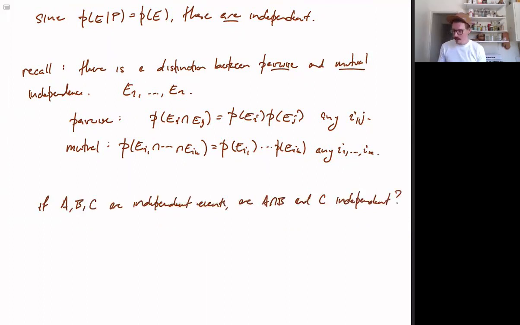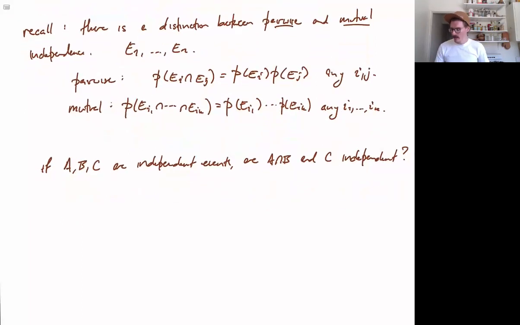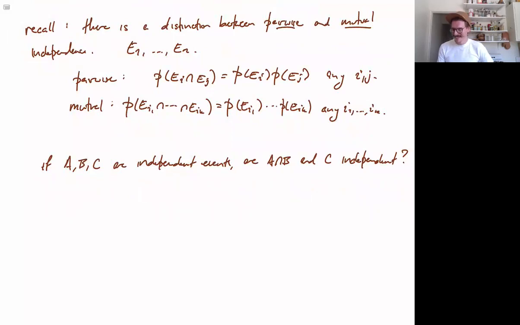So immediately you should notice that I did not specify, now that we're dealing with more than two events, we need to specify if they're pairwise or mutually independent. Well, let's examine both of these independently. So pairwise independence, in this case, it's false. So no.